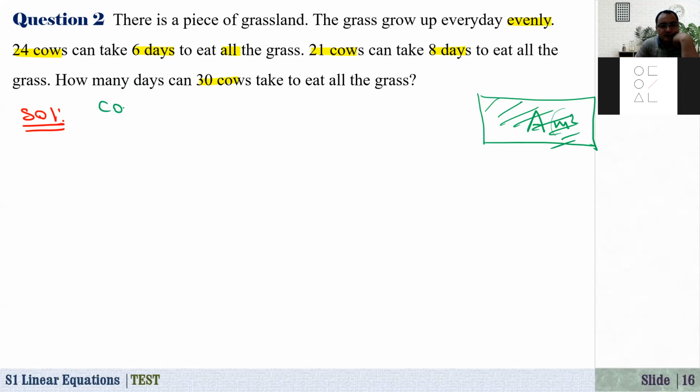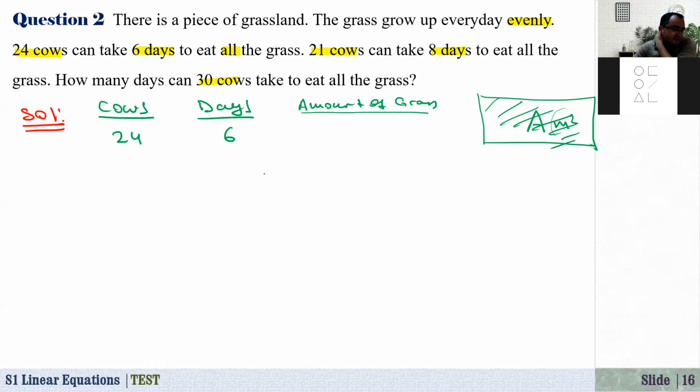So here we have cows and days, and here we have the amount of grass. If we have 24 cows, they eat for 6 days.